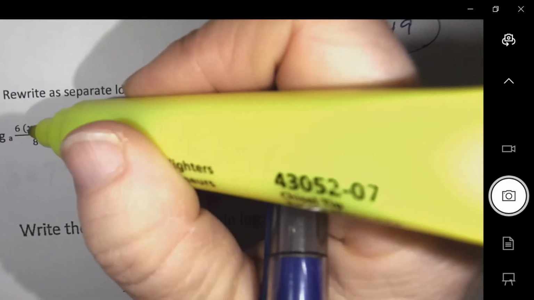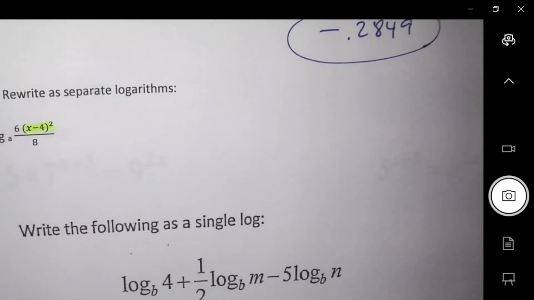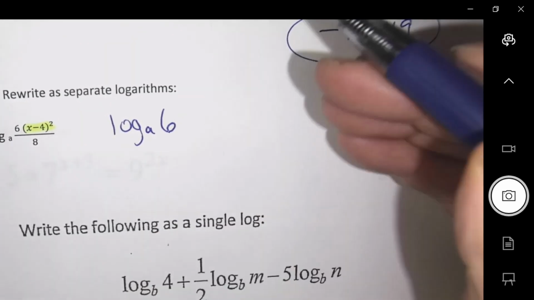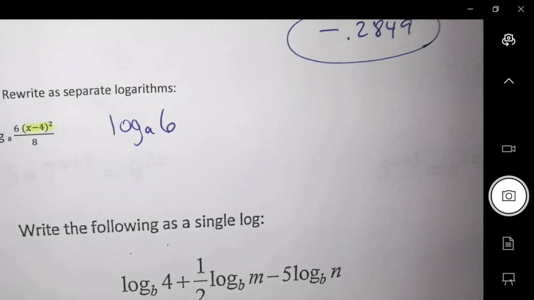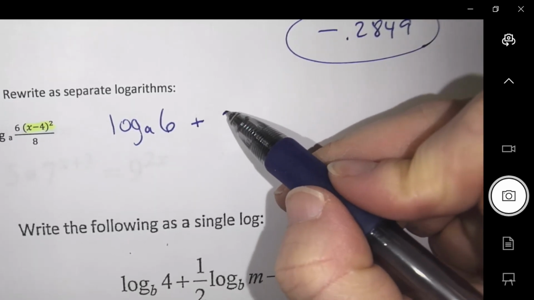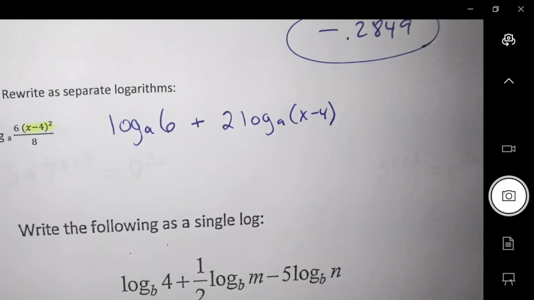Because that is a unit. So log A6 is its own thing. And then there was a times, so I add 2 log A x minus 4, okay?